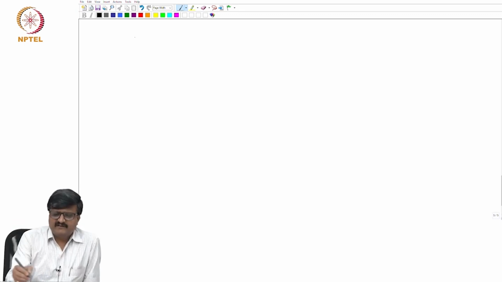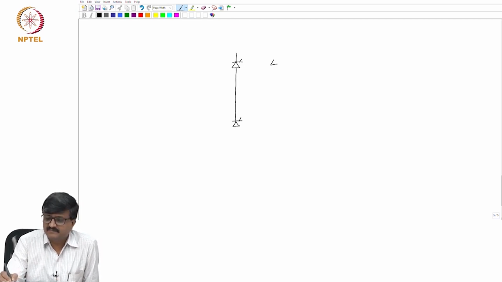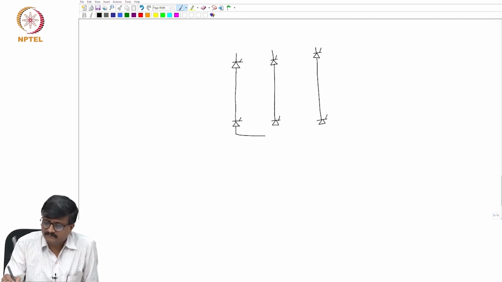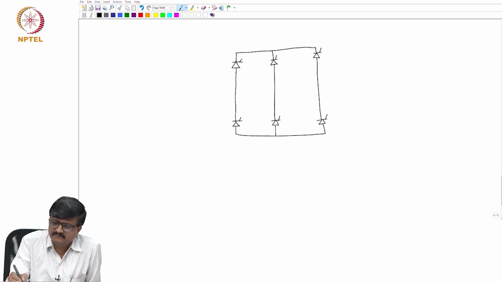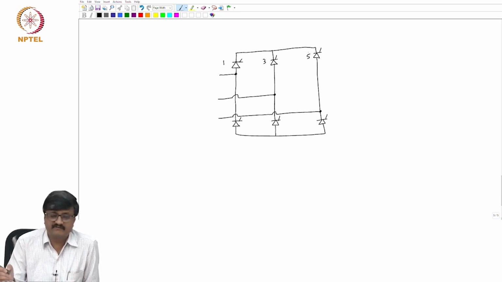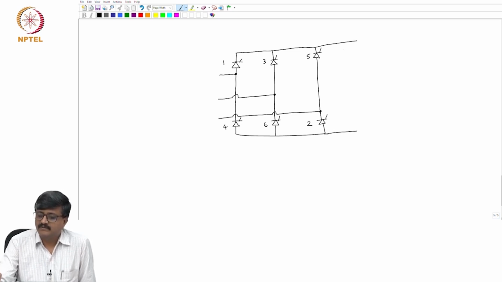So, if I take the converter, valves 1, 3, 5, and 4, 6, 2. So, this is our converter.